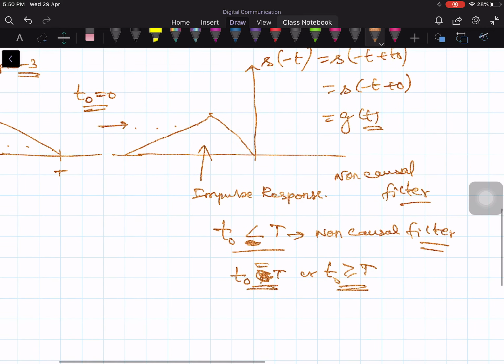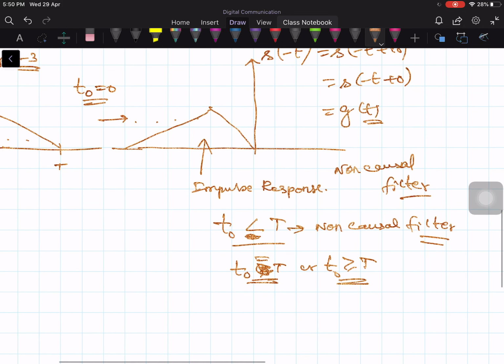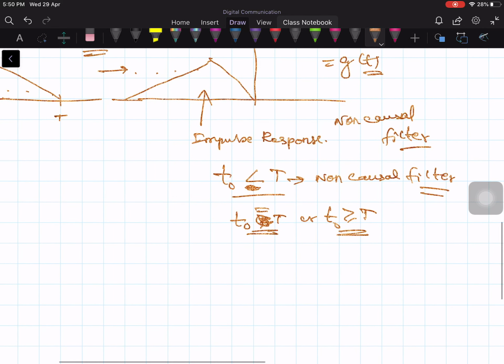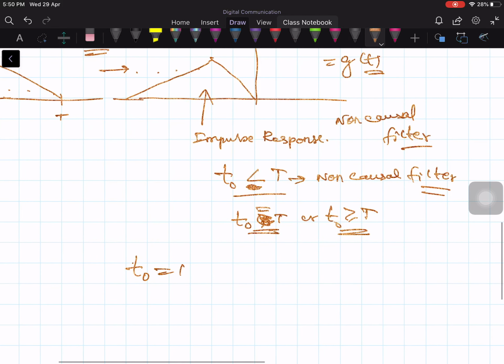In fact, t naught equal to capital T is the optimum value in a digital communication environment. As I already mentioned in one of the previous lectures, if you wait up to t equal to capital T seconds, you are seeing the entire pulse from 0 to T, so that you can take the decision. If you want to take a decision, you have to wait until the pulse ends.